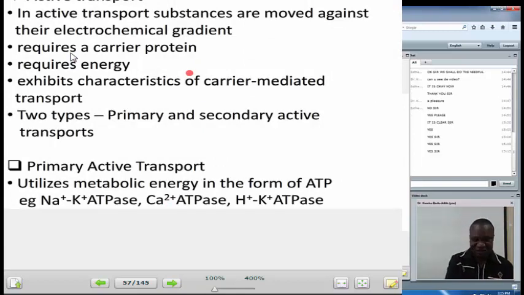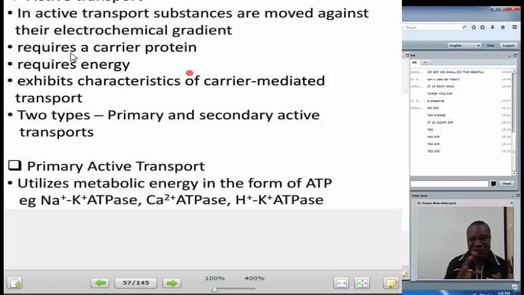Good. So now that deals with diffusion. The other transport mechanism that would move substances across the plasma membrane is active transport. In active transport, the substances are moved from a region of low concentration to a region of high concentration.